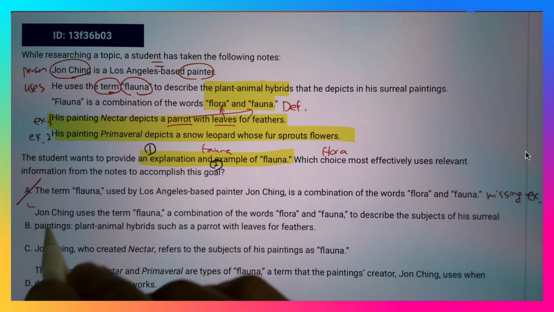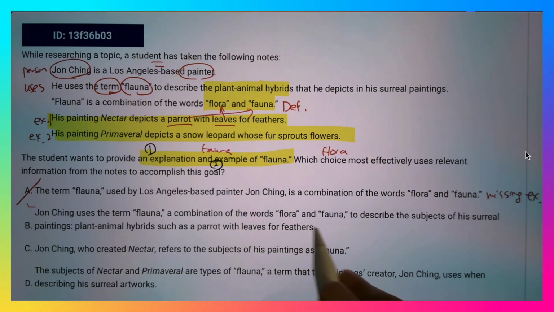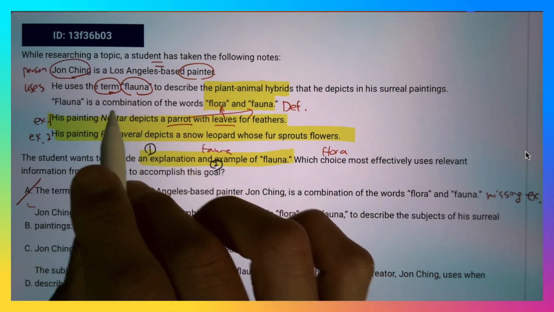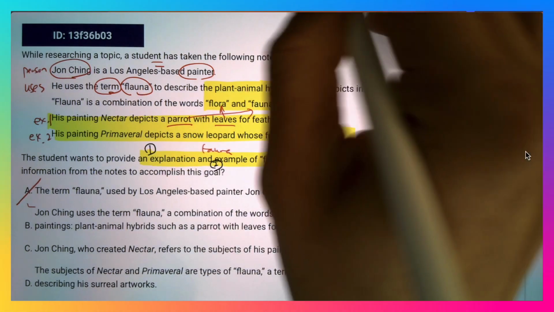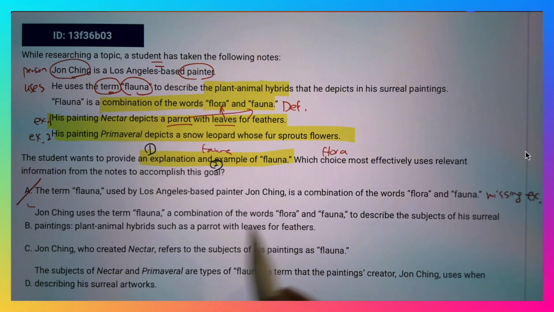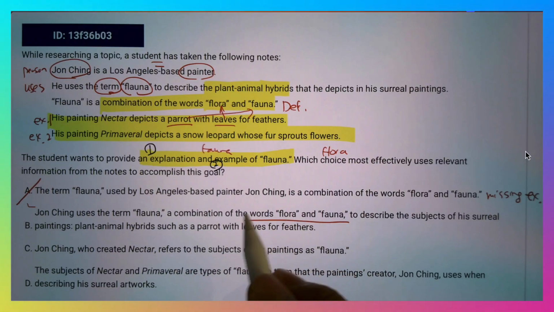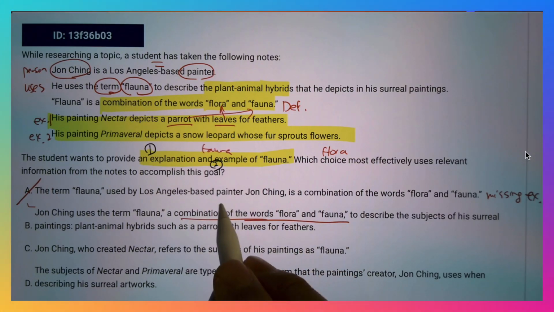B. John Ching uses the term fauna, a combination of the words flora and fauna. Okay, so a combination of the words flora and fauna. I might as well just highlight this entire thing. Yep, so it did address the first point, the first question. Okay, that's the first one.